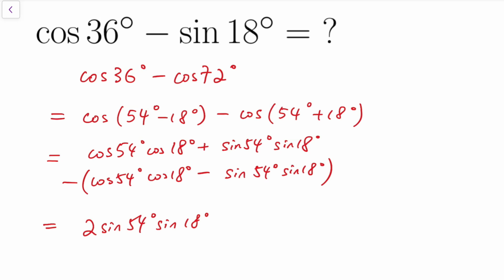So I'll get 2 times sine 54 degrees times sine 18 degrees. Of course, you can also directly obtain this with the sum to product formula.